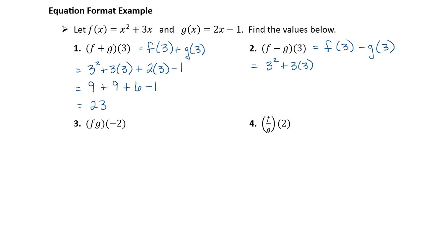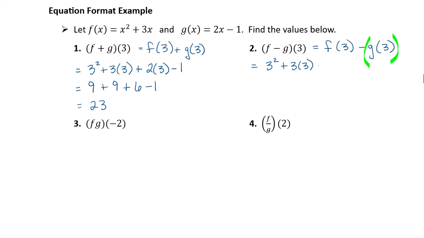We do need to be careful here because we need to make sure we are subtracting all of g of 3. So when we see that negative sign, make sure that you are using parentheses or otherwise changing your sign of the entire binomial as you're subtracting.